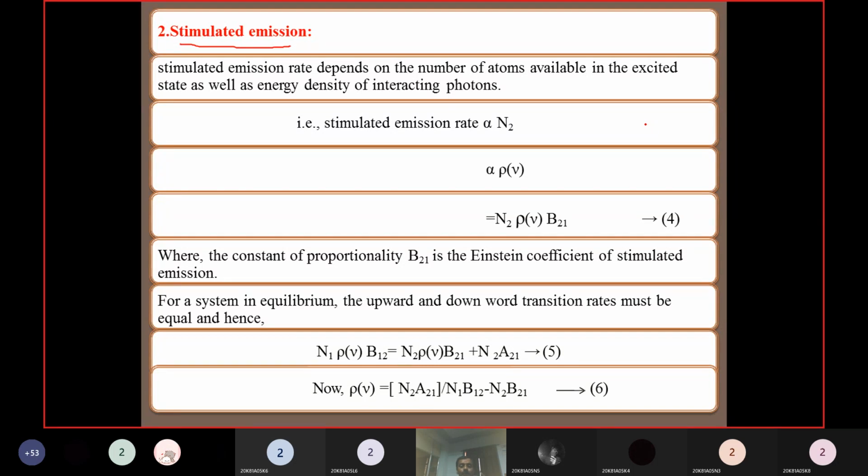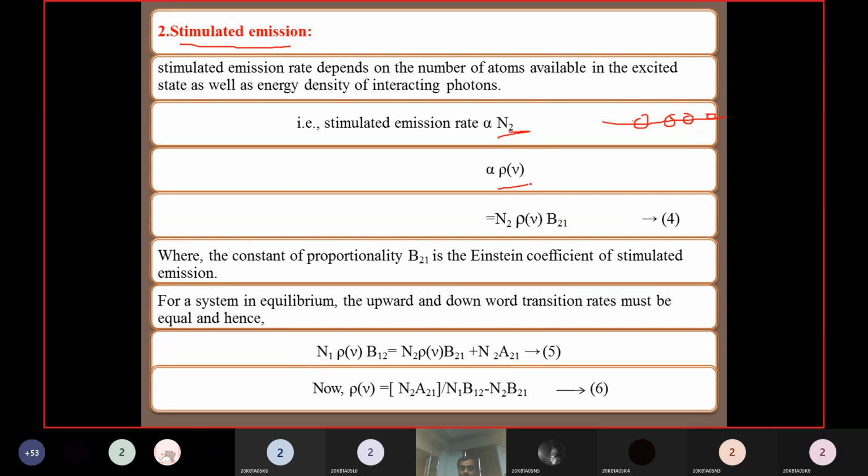So stimulated emission depends on two parameters. One is N2, the number of electrons in the excited state.